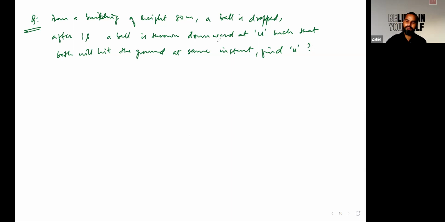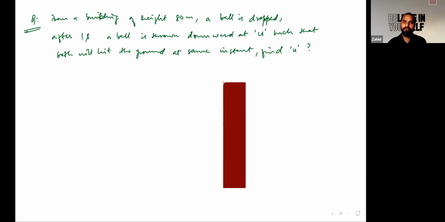Try to solve this particular part on its own. Here we have two different balls. First ball is just dropped, and the second ball is being thrown downward at some initial velocity u.